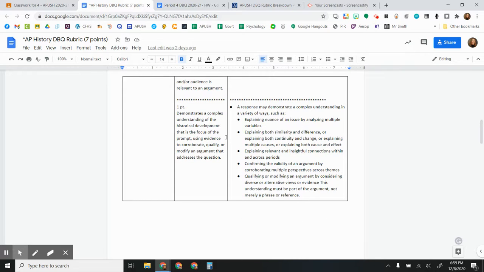Multiple causes and effects. So you never want to just say things like the French and Indian War caused the American Revolution or the Declaration of Independence. That's so simplistic. There are so many more issues involved in that, and a good essay, especially one that earns this point, would demonstrate that.